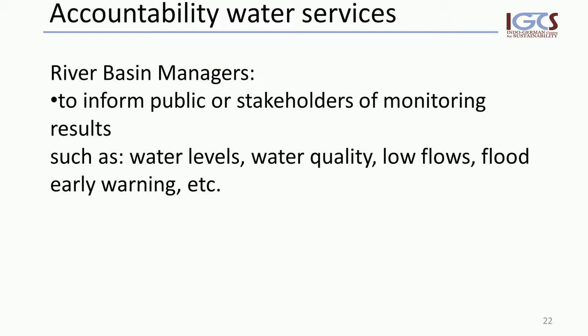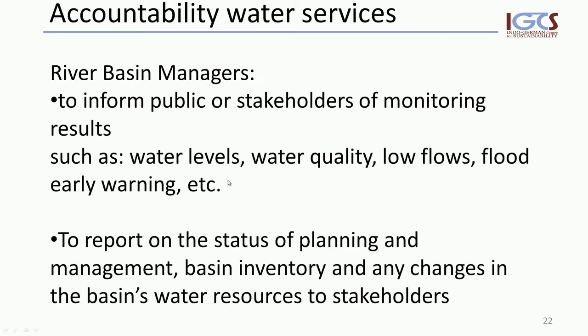Important are low flows, especially for farmers who use water for irrigation. There should be information shared on flood early warning, etc. So this is part of the public information or stakeholder information which should be built in as part of accountability of water services.